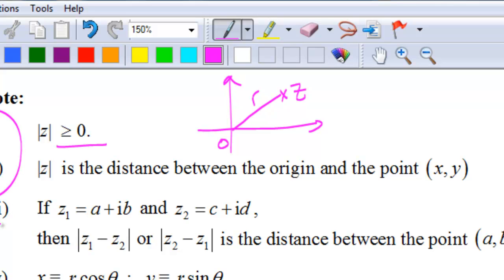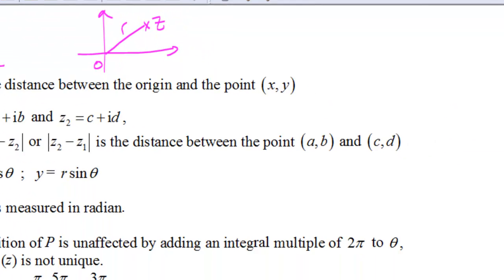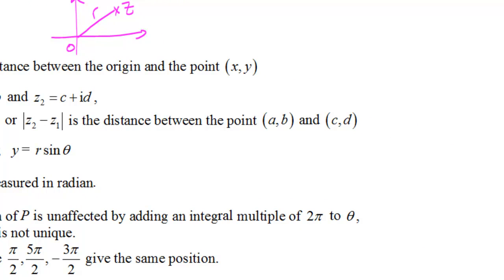Note number 3 is extremely important to understand: what it means by the modulus of z1 minus z2, or z2 minus z1. It is the distance between the two complex numbers.